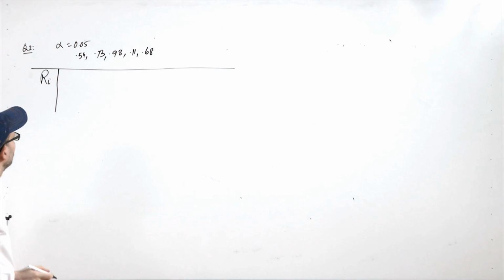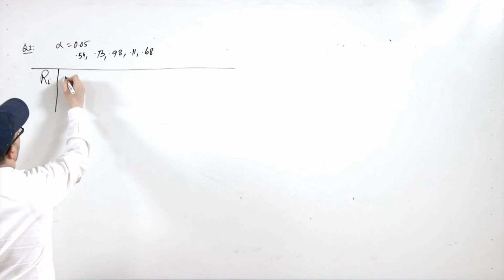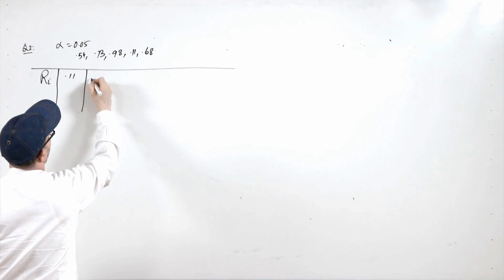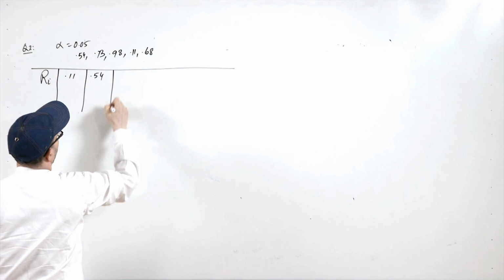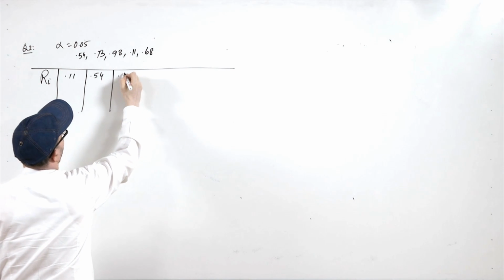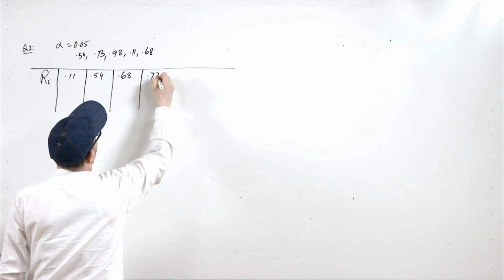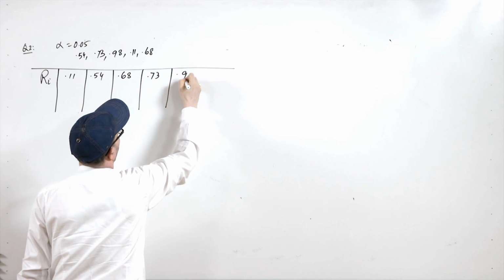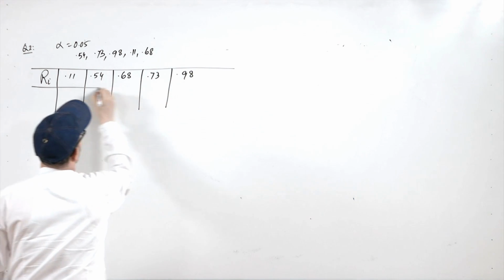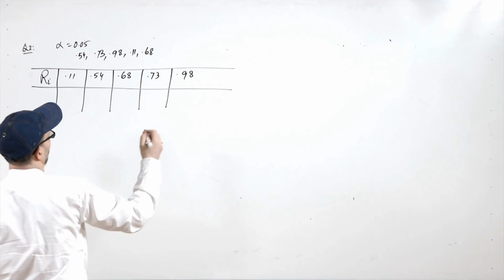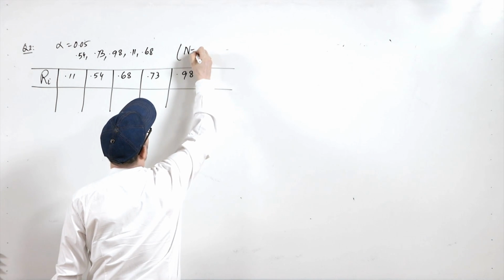So, your first value will be 0.11, then we have 0.54, then 0.68, then 0.73 and then 0.98, where i is 1, 2, 3, 4 and 5. Now, n is 5 here.